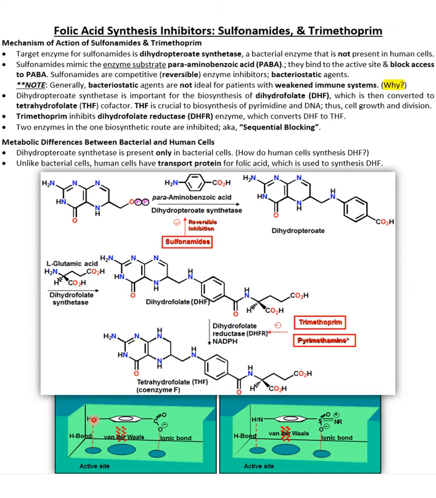You'll see the nitrogen making hydrogen bonds in both. You have the aromatic ring, the phenyl, making van der Waals interactions, and you have the ionic interactions between the carboxylic acid and the sulfonamide.